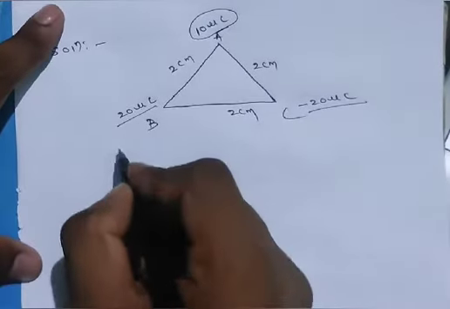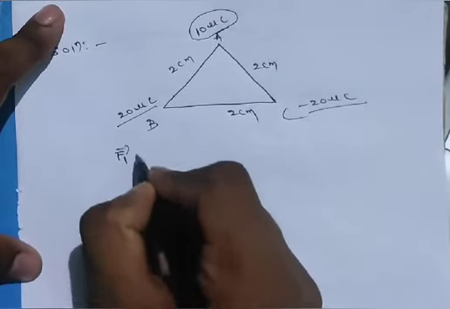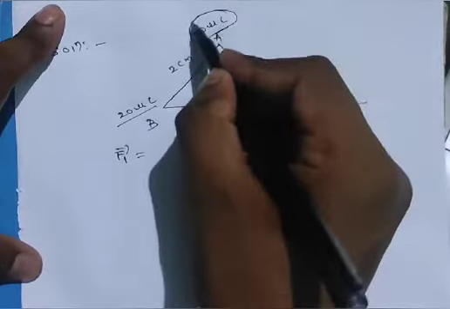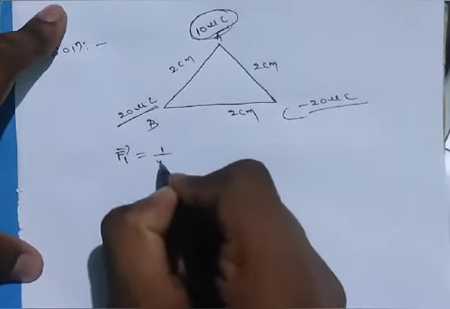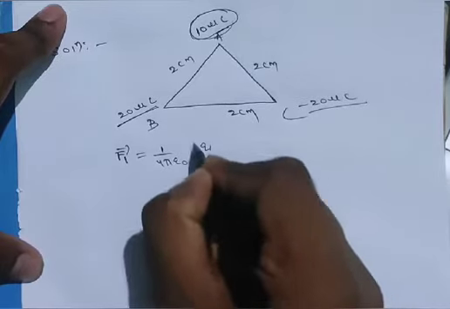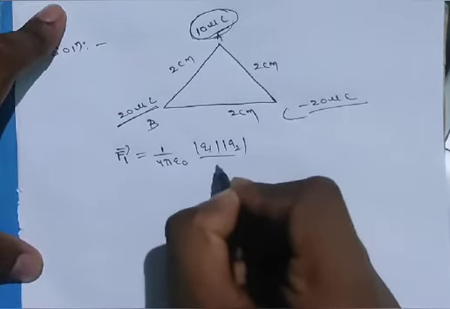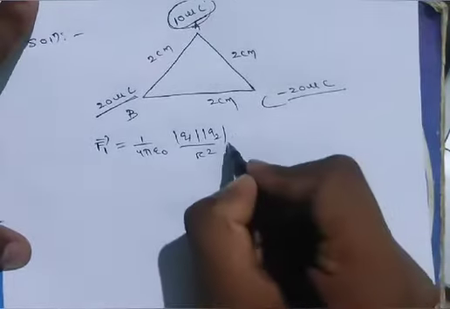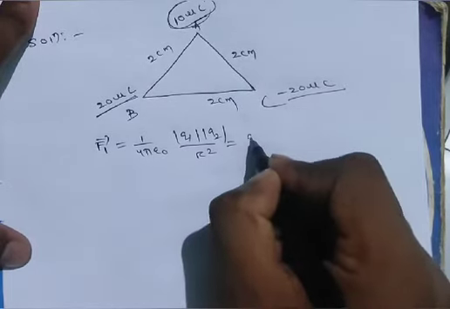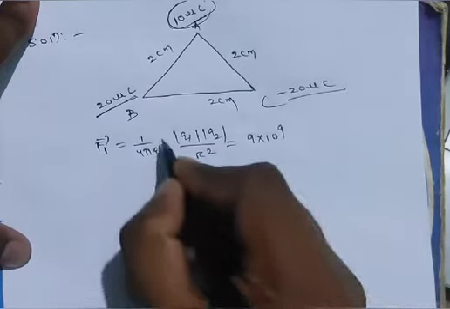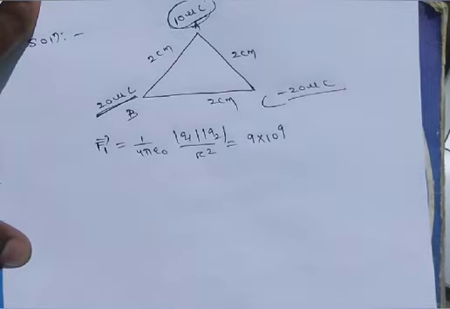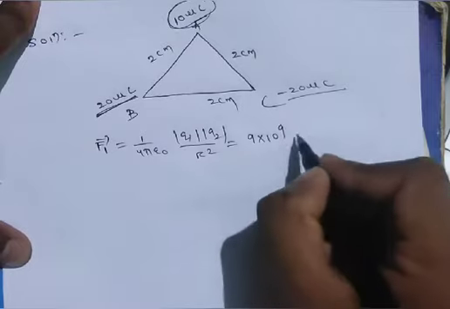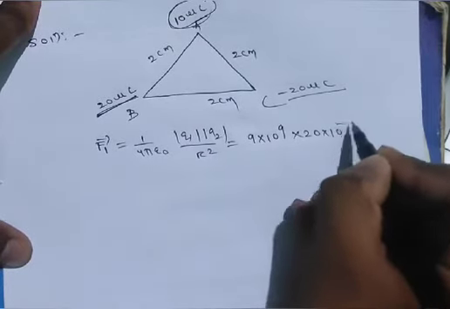First I shall calculate force F1, that is the force on 10 microcoulomb due to the charge 20 microcoulomb. It is simply 1 by 4 pi epsilon 0 times modulus Q1 modulus Q2 by R square, and we know the value of 1 by 4 pi epsilon 0 is 9 into 10 to the power 9. Q1 is 20 microcoulomb. We know 1 microcoulomb equals 10 to the power minus 6 coulomb, so 20 microcoulomb is 20 into 10 to the power minus 6 coulomb.